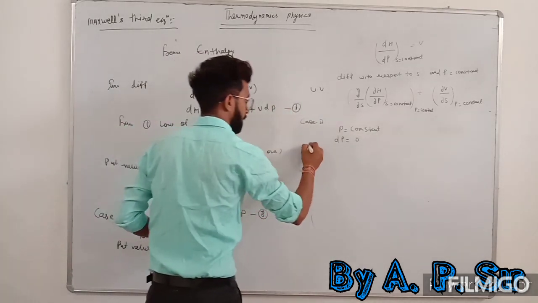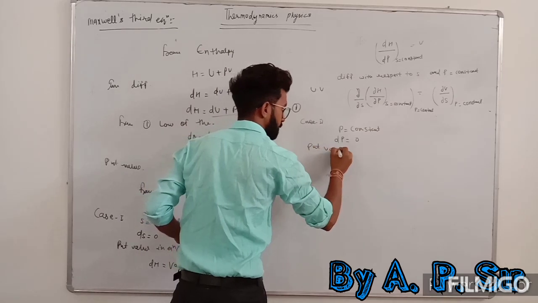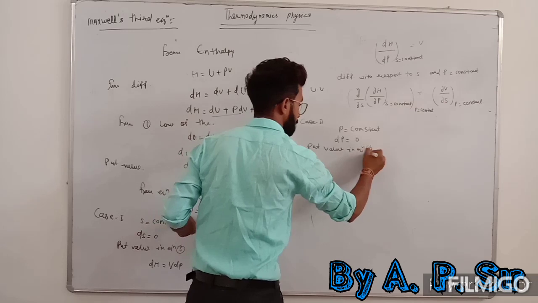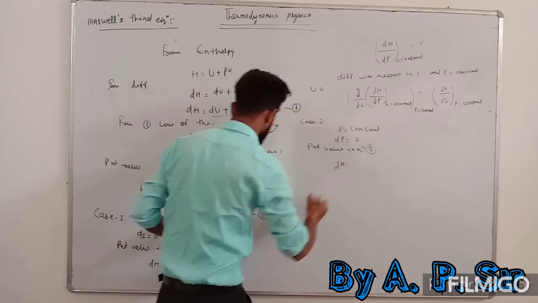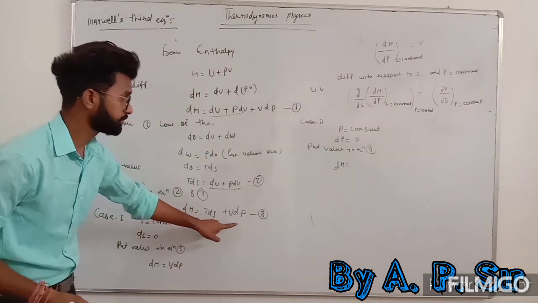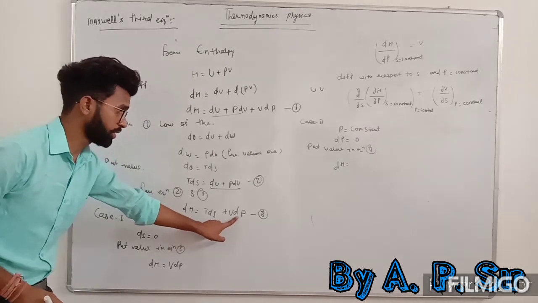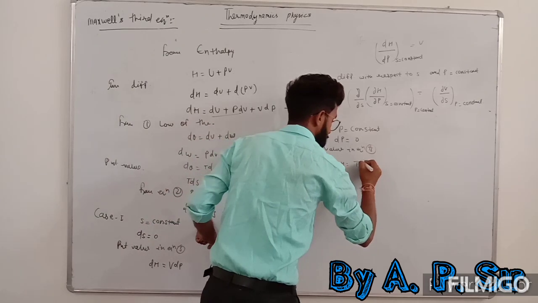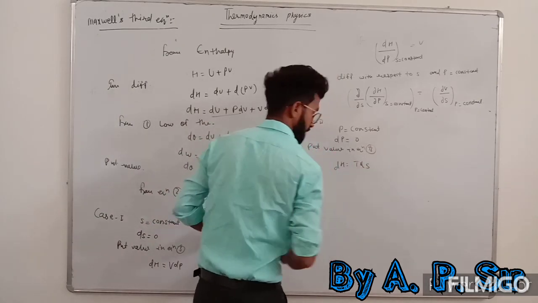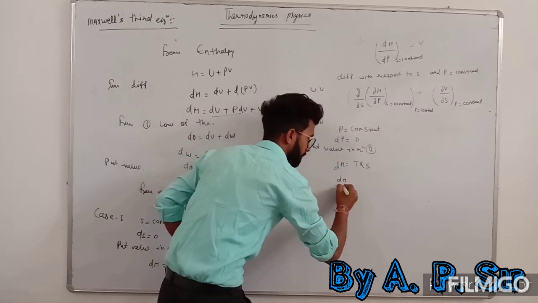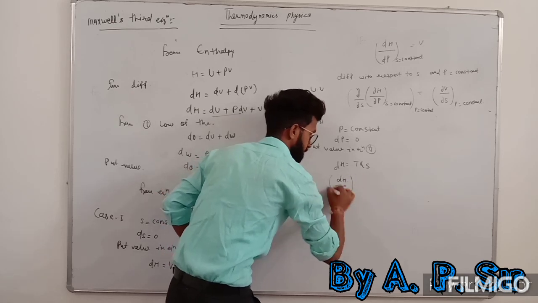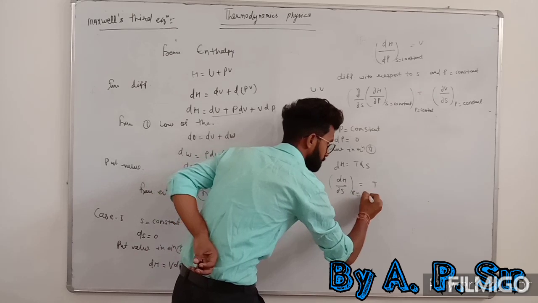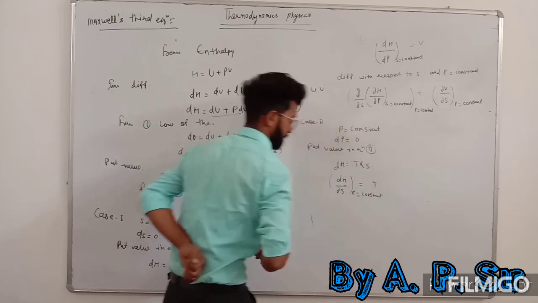Then put the value in equation third, and we obtain dH, because this term is 0 due to dP equals 0, and we obtain dH equals TdS. Then dH upon dS is equal to T, P equals constant.